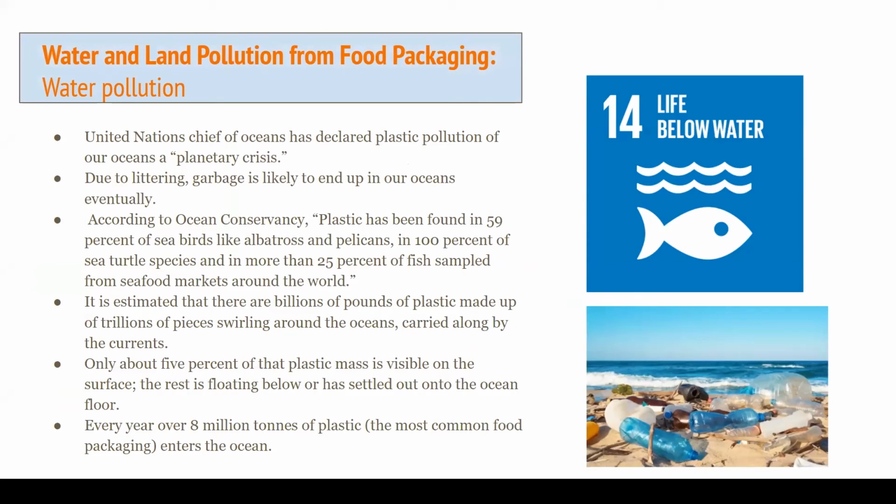And then the second one, since littering from land will eventually go to our water, this causes water pollution as well, so it's very connected. This is a current planetary crisis, and garbage is always likely to end up in our ocean eventually, and 59% of seabirds and types of fishes and marine animals have some kind of plastic, which commonly came from food packaging.